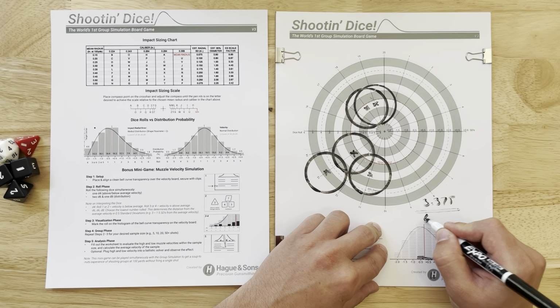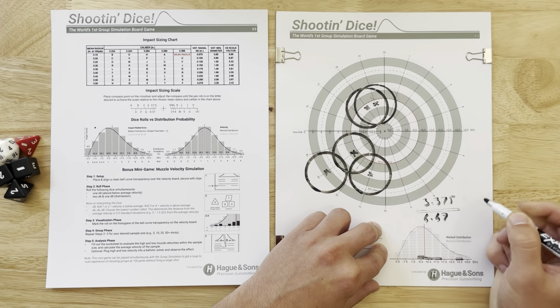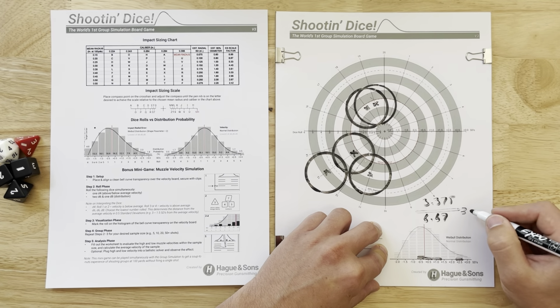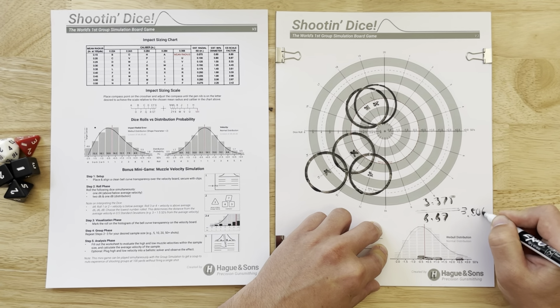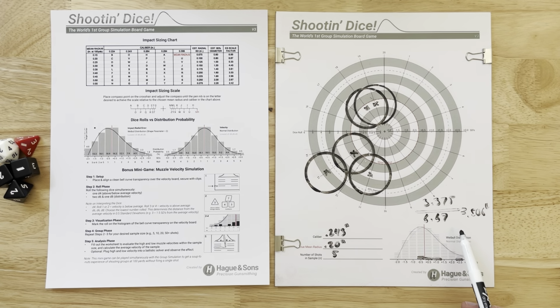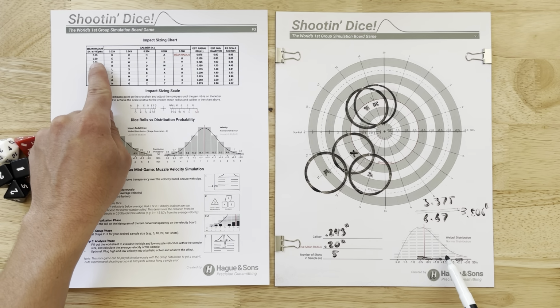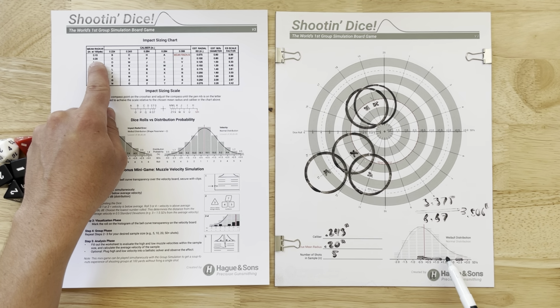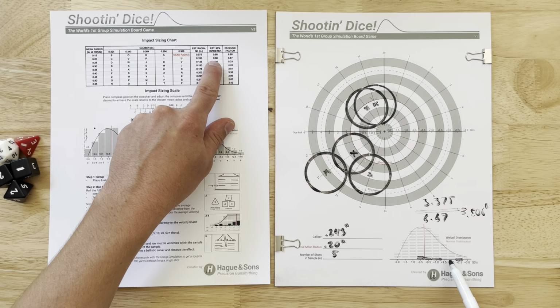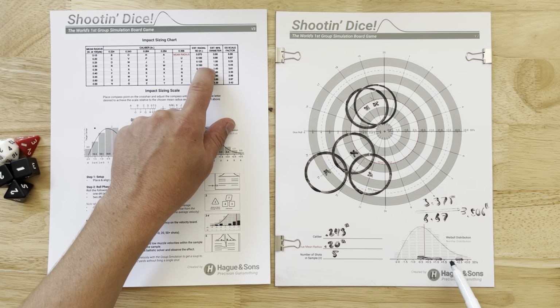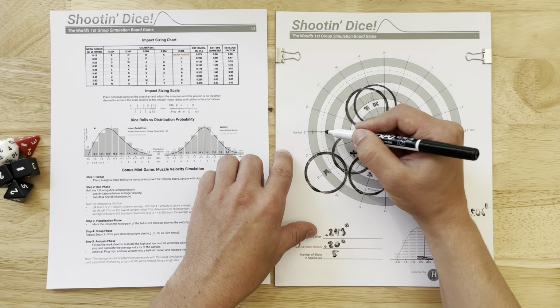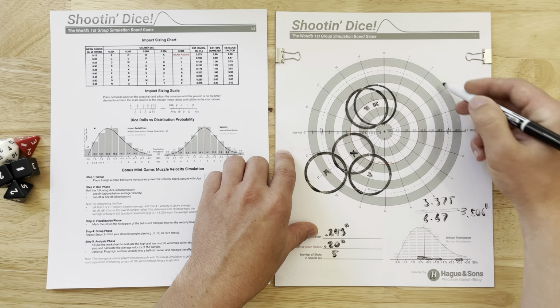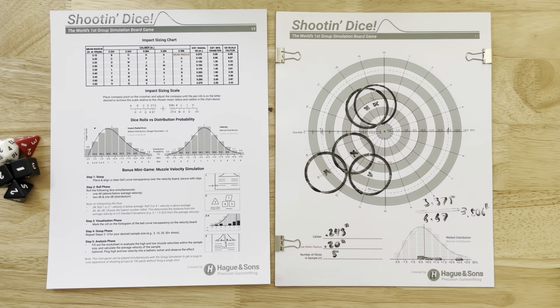So if we divide our 3.375 by 6.67, we get an extreme spread of 0.506 inches. If we use the estimated 95% diameter for a mean radius of 0.20, we get an estimated 95% diameter of 0.80. So that's the diameter of this dashed circle. So 95% of our shots should land within that dashed circle.